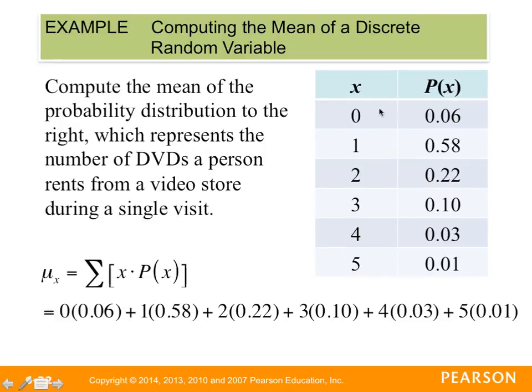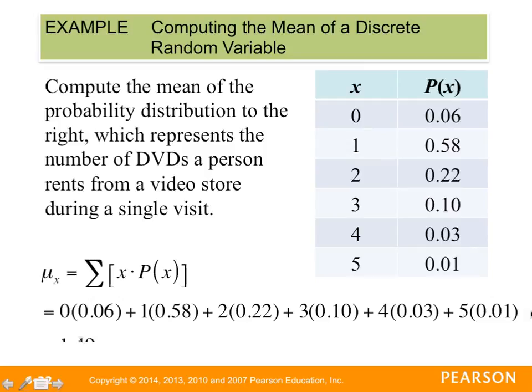So what you would do all the way down is you'd have 0 times 0.06, you'd have 1 times 0.58, 2 times 0.22, and so on all the way down. And that's essentially just what they're doing right in this line right here. Once you have all those values, you go ahead and you add them up, okay? You have to follow order of operations, make sure you multiply first and then add. And if you do that, you get 1.49.